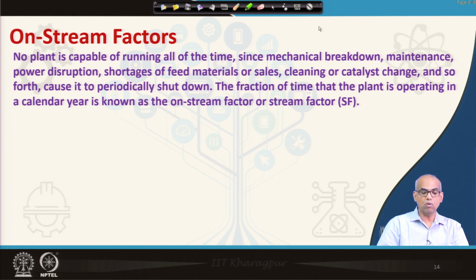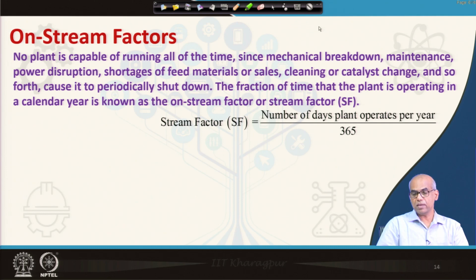These will cause periodic shutdown of the plant. The fraction of time that the plant is operating in a calendar year is known as on stream factor or stream factor, that is, the number of days the plant operates per year divided by 365.